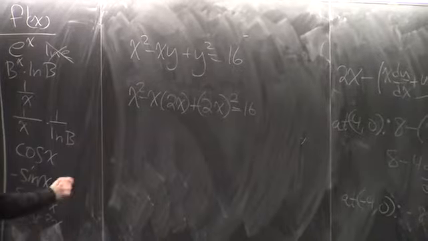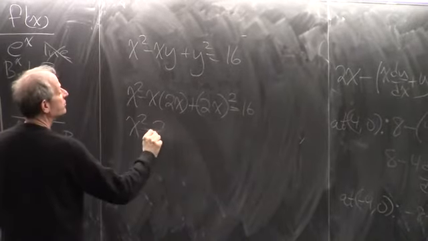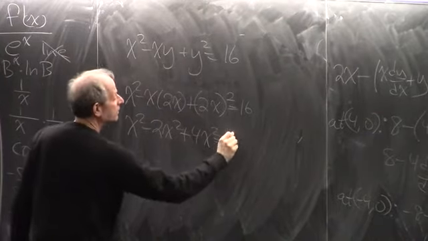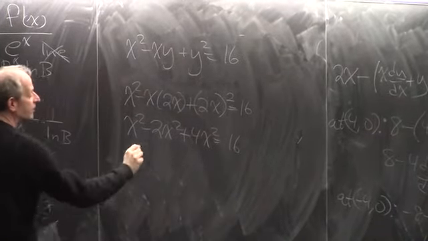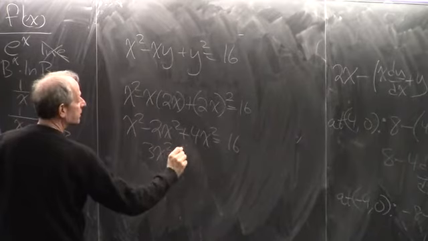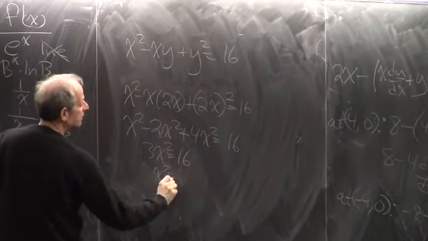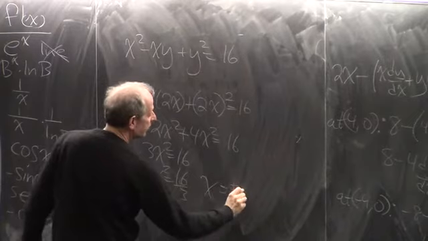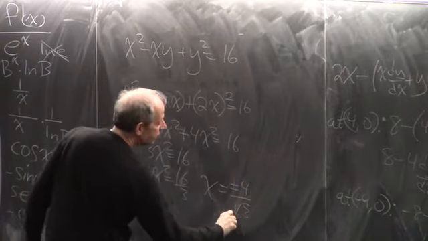This is x² − 2x² + 4x² = 16. You get 3x² = 16. x² is 16/3. x is plus or minus 4 over the square root of 3.